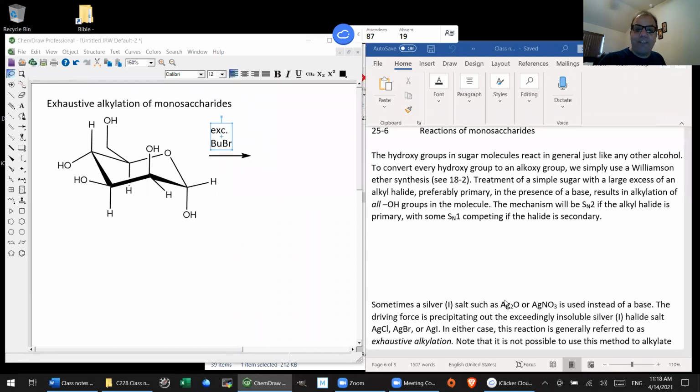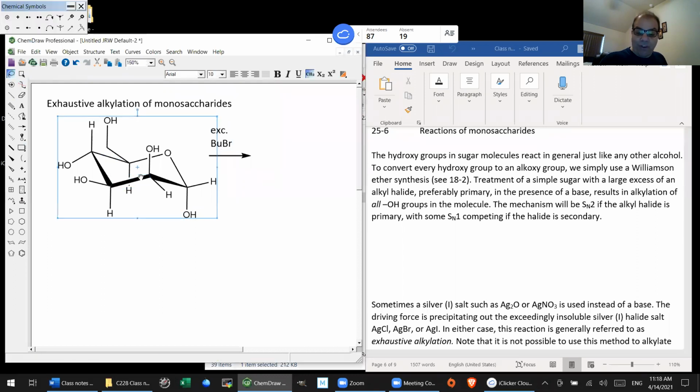And the reason those drive the reaction forward is, remember that silver(I) halide salts are really, really insoluble. So AgBr is just going to crash out of solution. It's not soluble in anything, and you will drive the reaction forward. But in the end, you'll wind up putting alkyl groups on every single one of those oxygens.